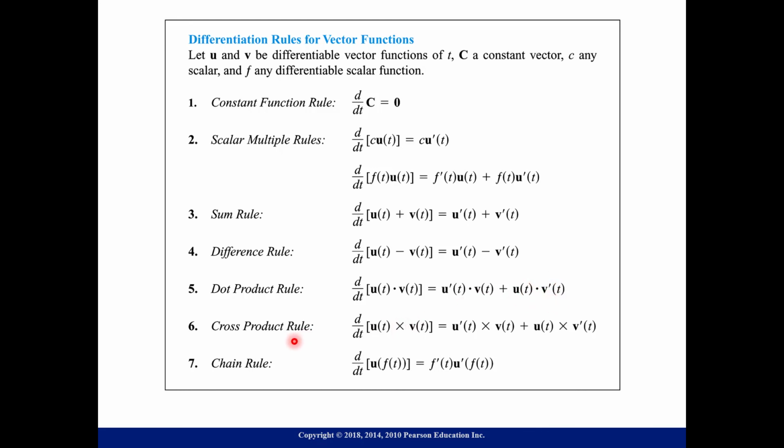And then we have a cross product rule, very similar in what you do here. And then the chain rule: if you have the vector function of a scalar function, then you have the derivative of the inside times the derivative of the outside, which is your vector function.